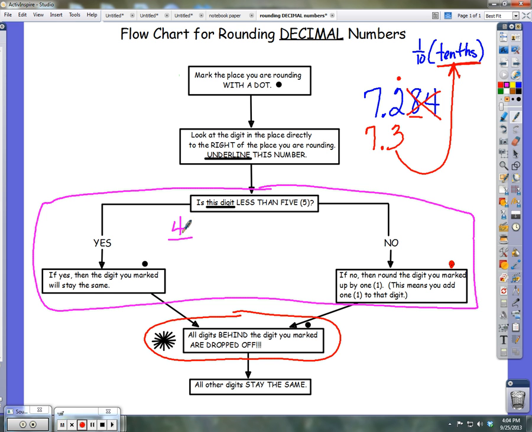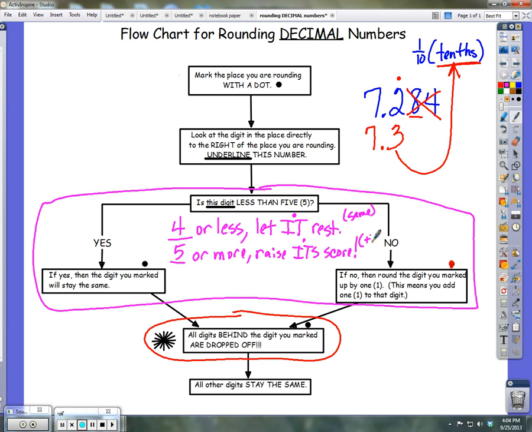If the underlined digit is 4 or less, you let the digit you marked with the dot rest. In other words, it will stay the same. However, if the underlined digit is 5 or more, you will raise its, the dotted digit, score. And you always raise it up by 1.